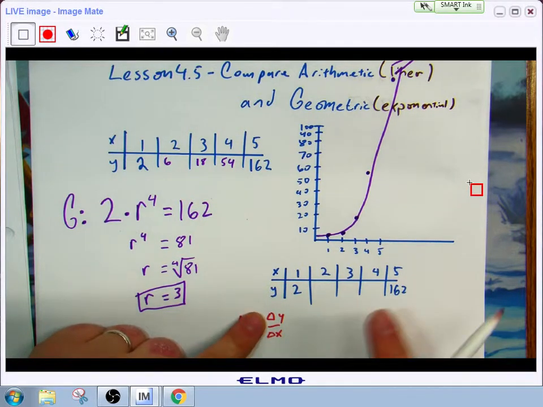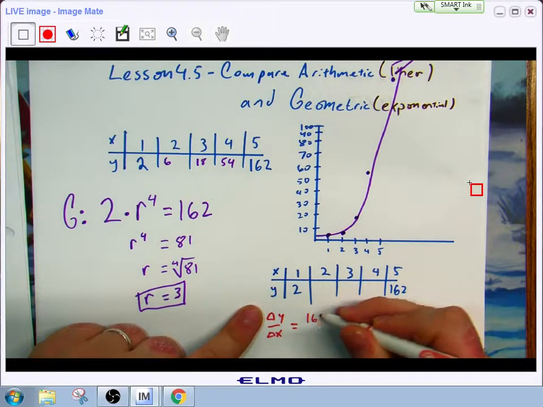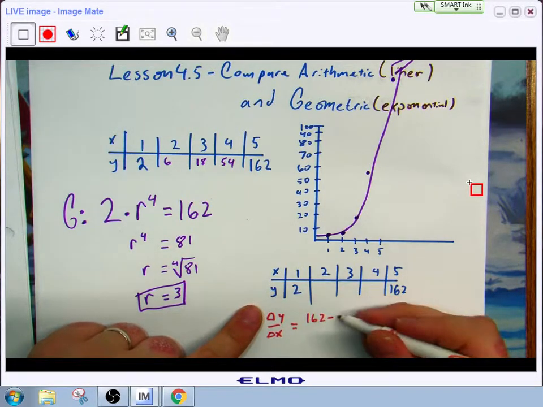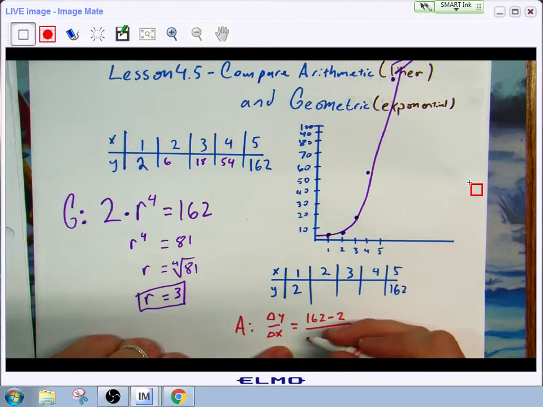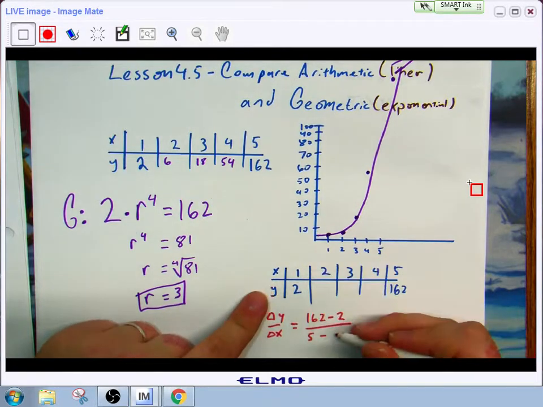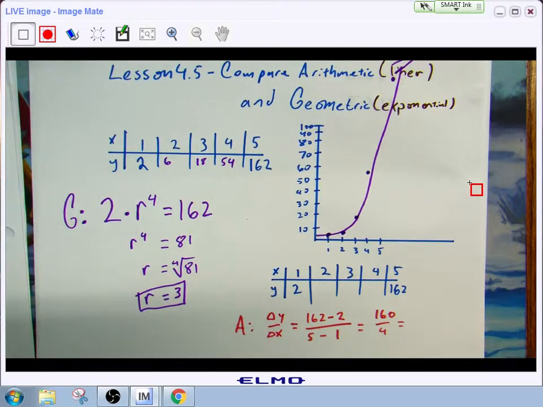So I have my y2, which is 162, subtract my y1, which is 2, and then I take my x2, which is 5, subtract my x1, which is 1. So I end up with 160 over 4. 160 divided by 4 is 40. And so what that tells me is my common difference is 40. I'm going to add 40 each time.